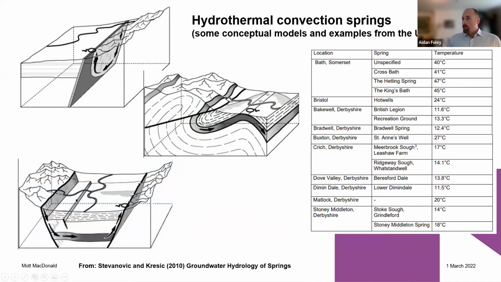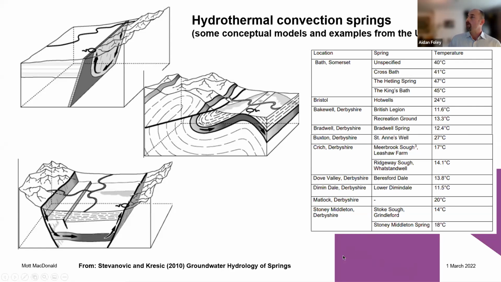I won't go into too much detail in these, but essentially we have settings in which cold water is sinking, becoming heated at depth, and as it becomes more buoyant and hotter, it starts to rise to the surface, and the convection is the principal driving force, coupled also with some topographic drivers such as at the Bath Hot Springs and elsewhere.